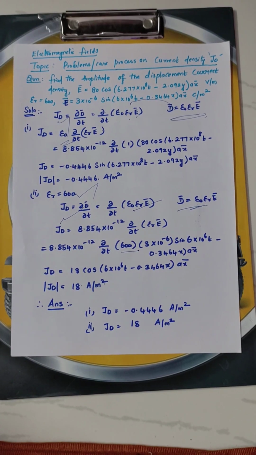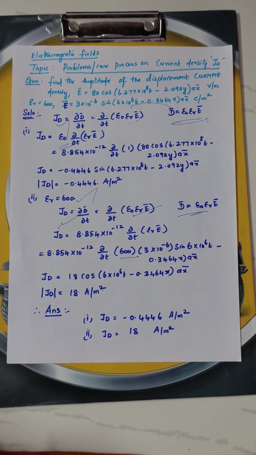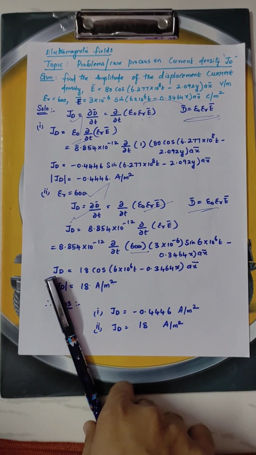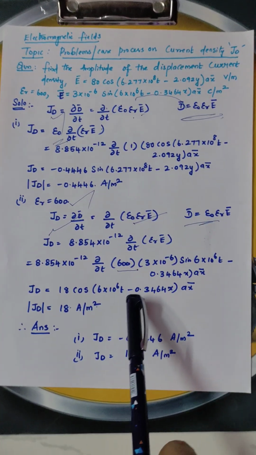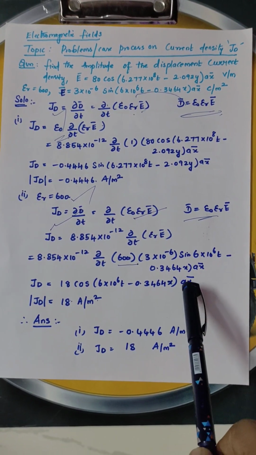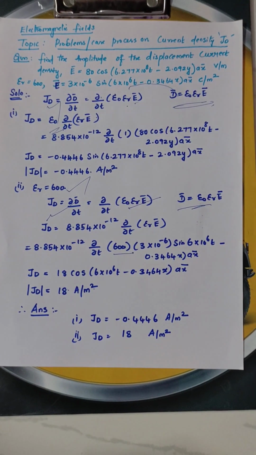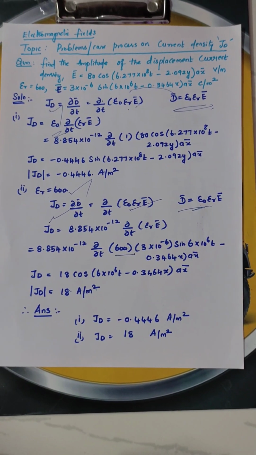Then the differentiation of sine becomes cos. So do the necessary differentiation. Then you get the answer: 18 cos of (6 into 10 power 60 minus 0.3464 x) into ax vector. Now take the modulus, that is the amplitude, and you get only 18.